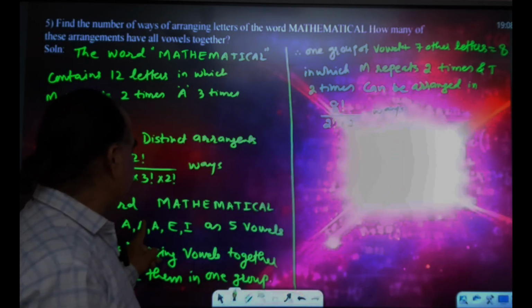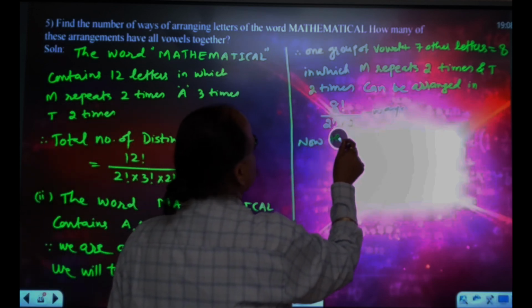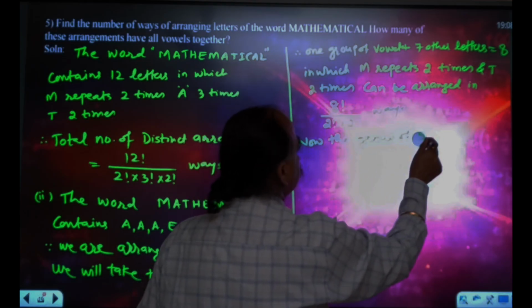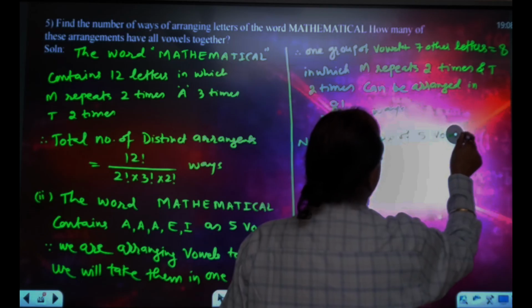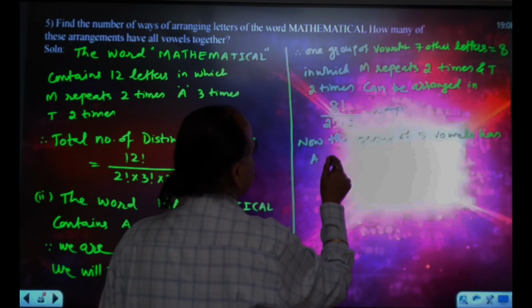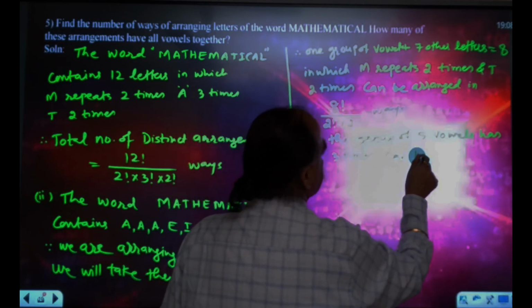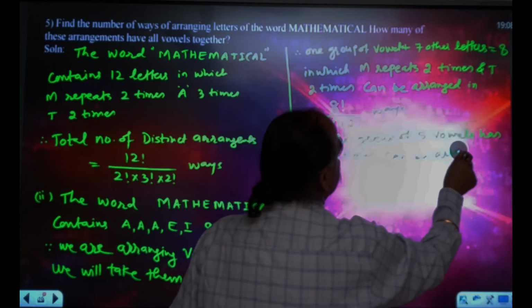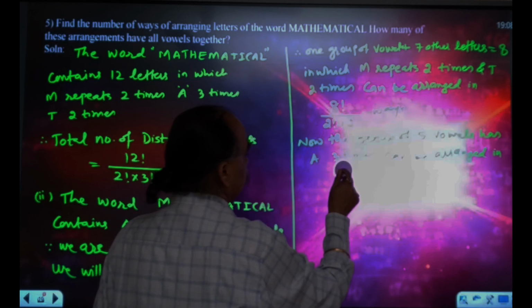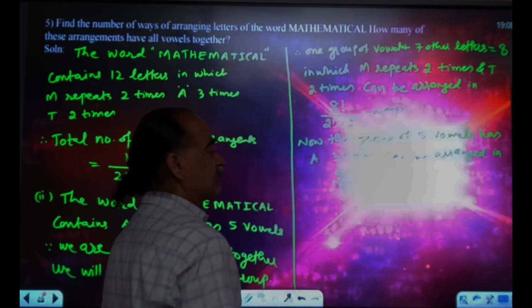Now, the group of 5 vowels has A 3 times, can be arranged in 5 factorial upon 3 factorial ways.